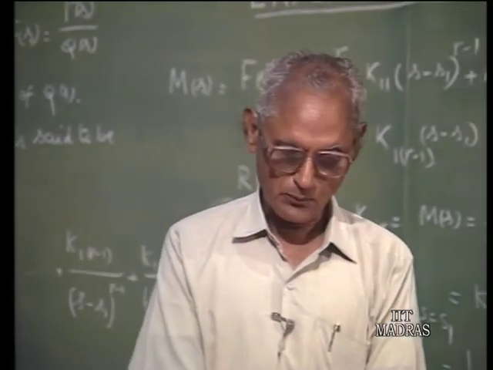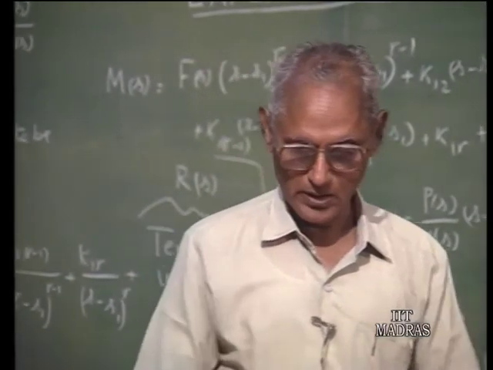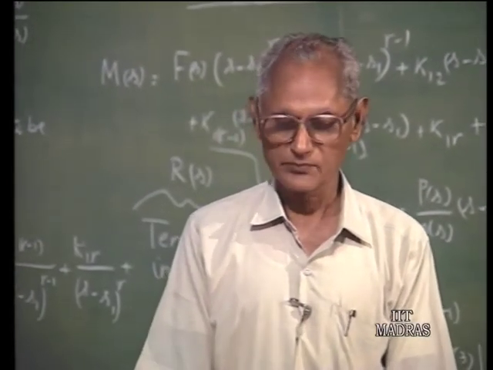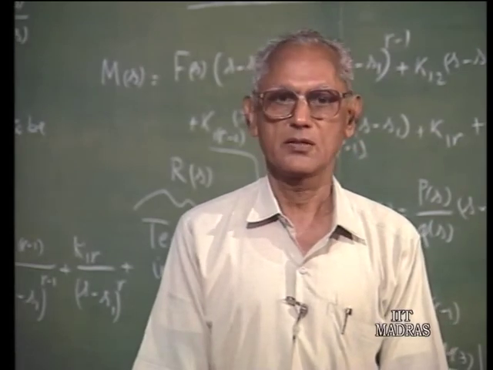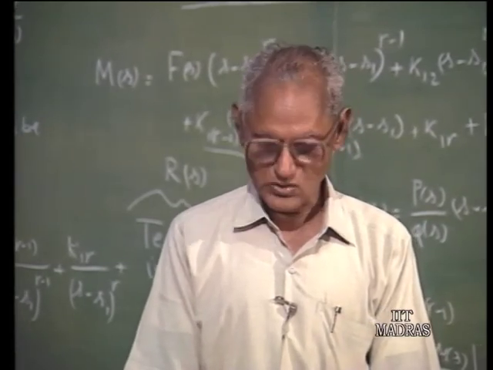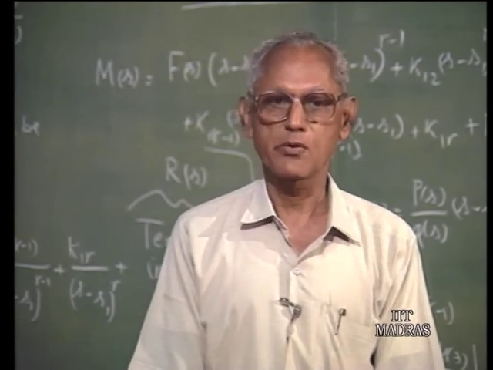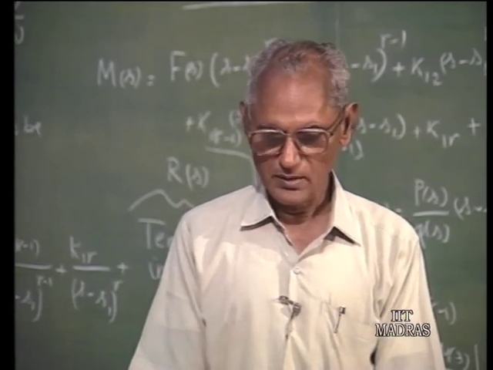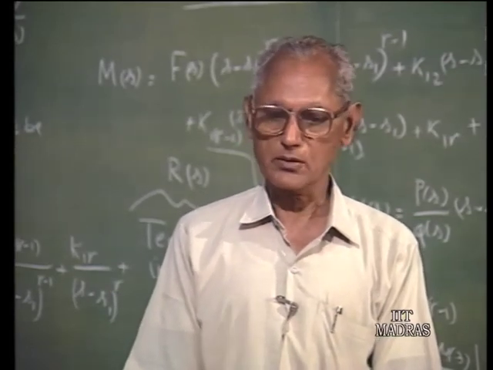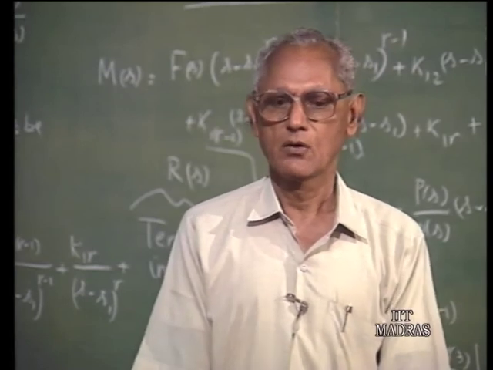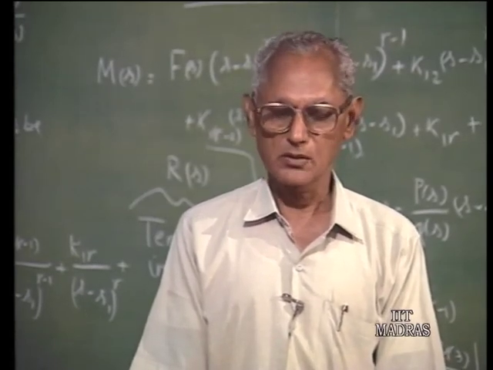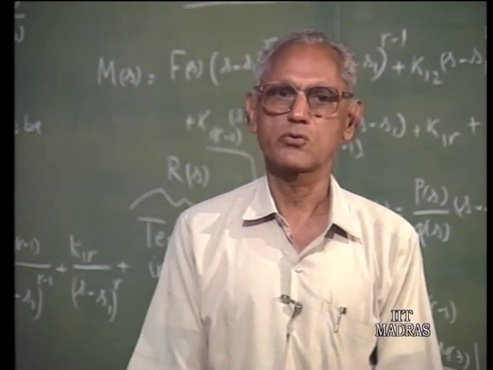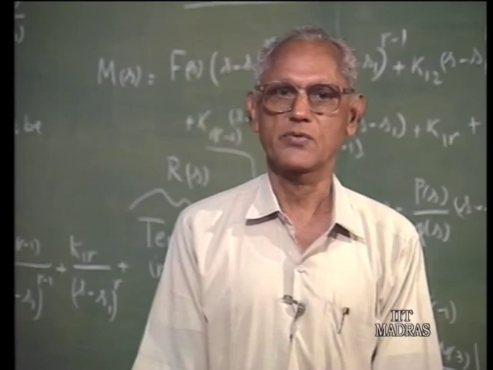Alternately, as the example that we worked out earlier suggested, you can combine the terms corresponding to two conjugate poles, have a quadratic denominator and find a linear factor in the numerator, and associate this with terms of the type e power minus alpha t cos omega t and e power minus alpha t sin omega t. That can also be done. Otherwise, you can leave them as linear terms and find the residues corresponding to the complex conjugate poles, find the inverse Laplace transform of this and combine these two resulting time functions, which again yields finally the same result.